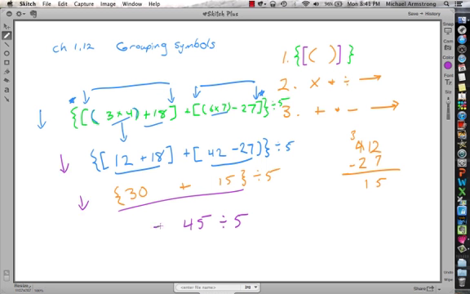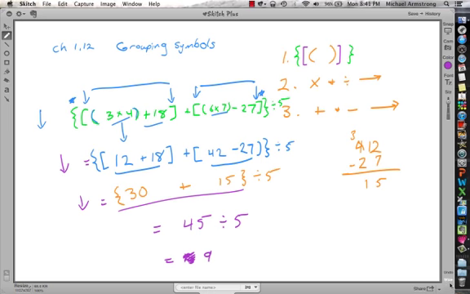It's how I stay organized. These are all equal. Start here, this is equal to that, this is equal to that, this is equal to that, and my final 45 divided by 5 is 15? It's not 15. It's 9. Okay, there we go. How's that look? Good. Now let's see, this seems pretty big.